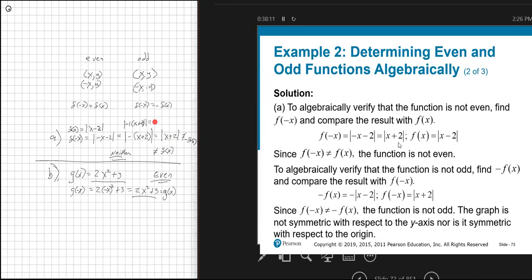So -1 is a factor, so I take the absolute value of that, and x plus 2 is a factor, so I take the absolute value of that, and the absolute value of -1 is +1. So that's how we wind up with this. I should have explained that earlier.